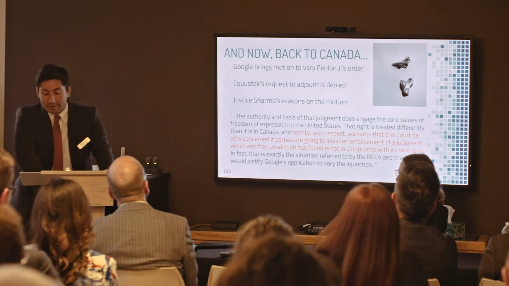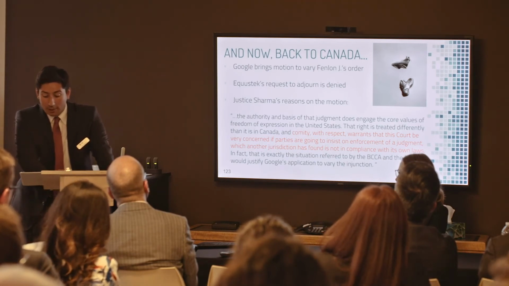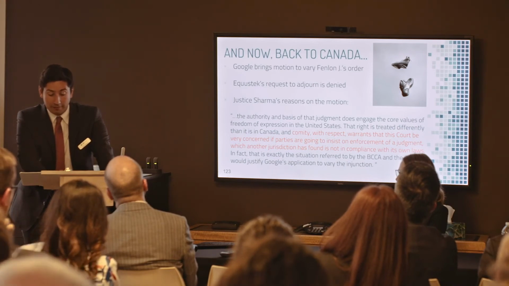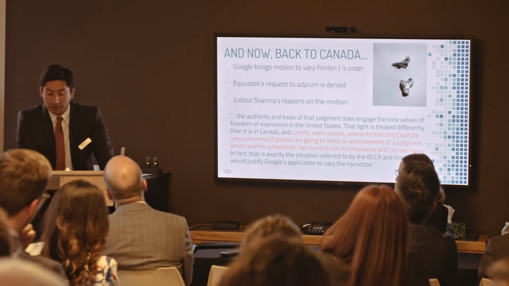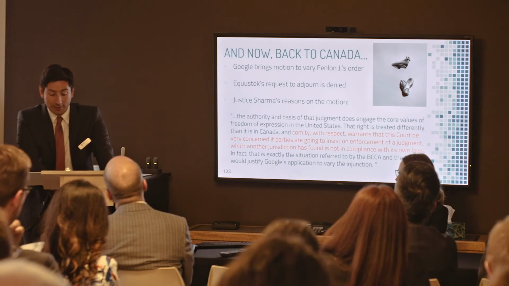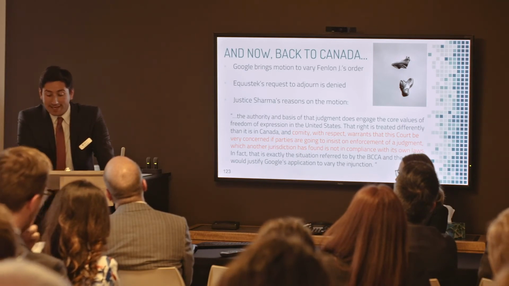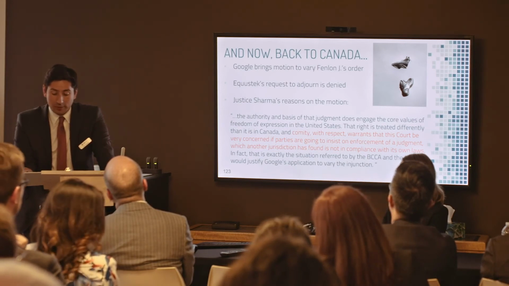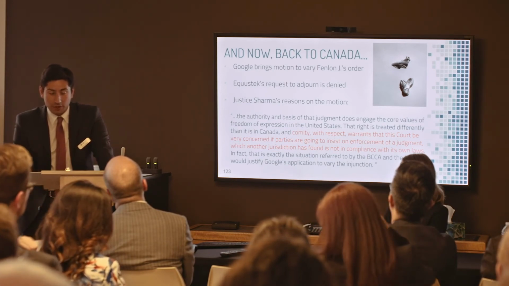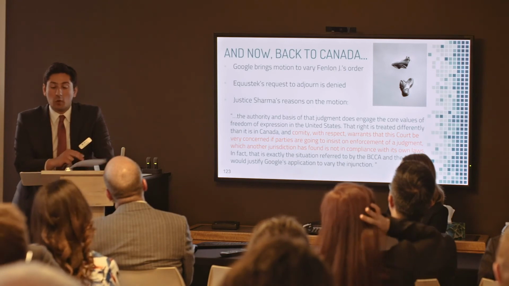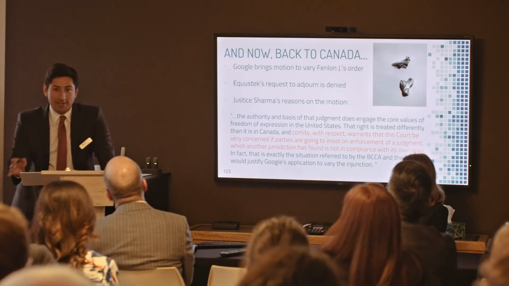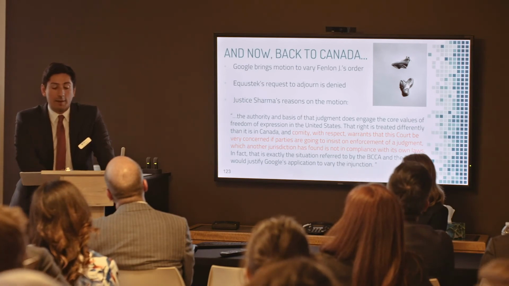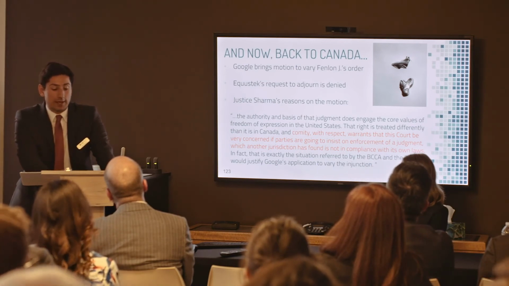That right is treated differently than it is in Canada, and comity warrants that this court be very concerned if parties are going to insist on enforcement of a judgment which another jurisdiction has found is not in compliance with its own laws. In fact, that is exactly the situation referred to by the BC Court of Appeal and Supreme Court of Canada that would justify Google's application to vary the injunction. So Justice Sharma denies the adjournment, says this is a big deal, we need to have this motion to vary heard very soon, which it is.